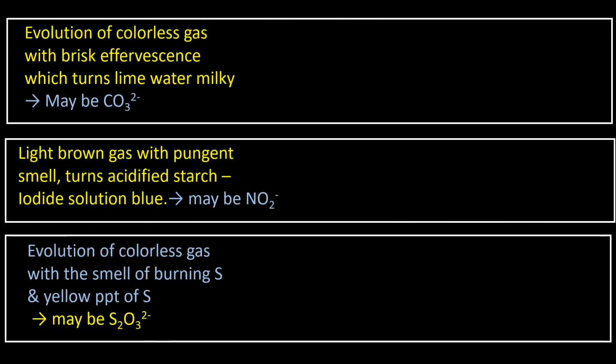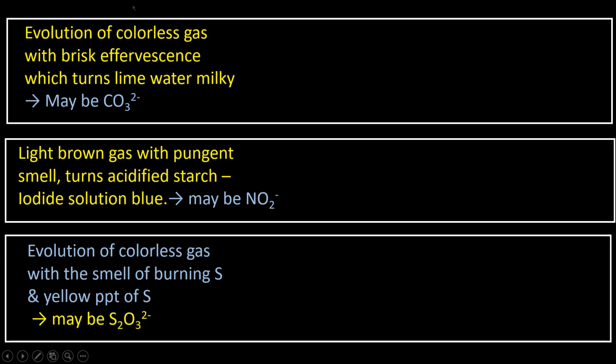Okay. Now one by one we'll see the reactions. So what I told, that evolution of colorless gas with brisk effervescence and which turns lime water milky, in that case we can say maybe carbonate, and already I told you this is also the confirmatory test for carbonate.